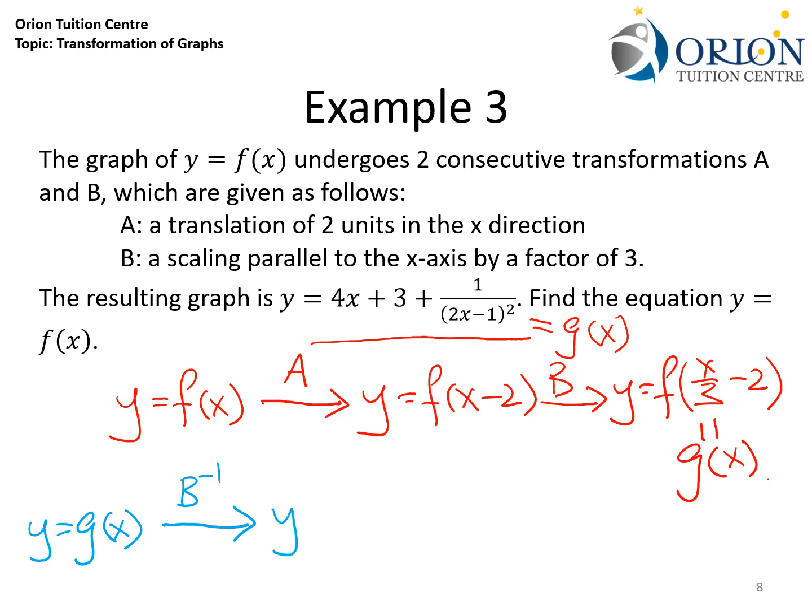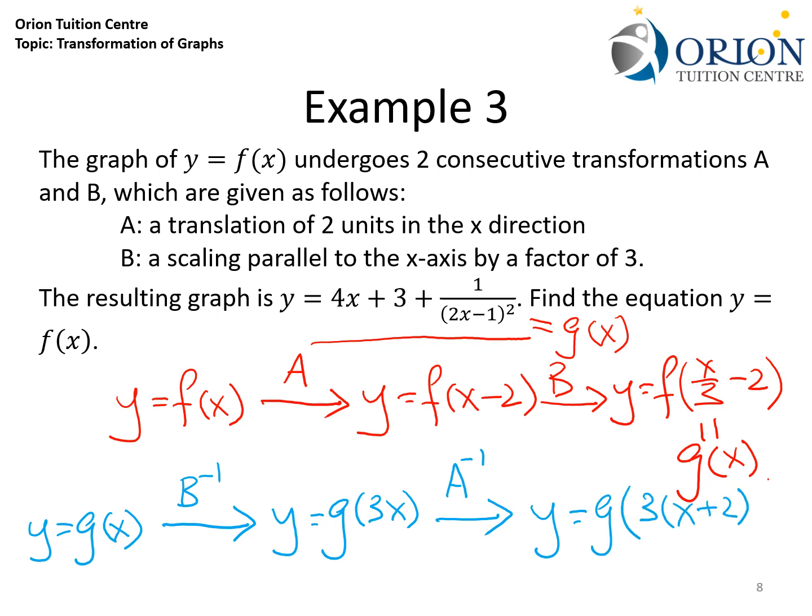So I will end up with y equals g(3x). And from g(3x), I will need to perform the reverse of transformation A, which is A inverse. And this gives me y equals g(3 times (x plus 2)), which becomes g(3x plus 6).